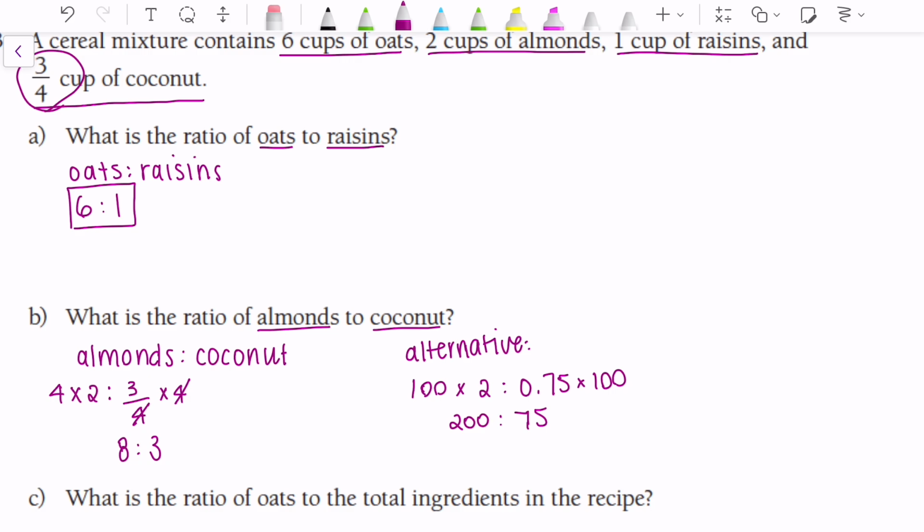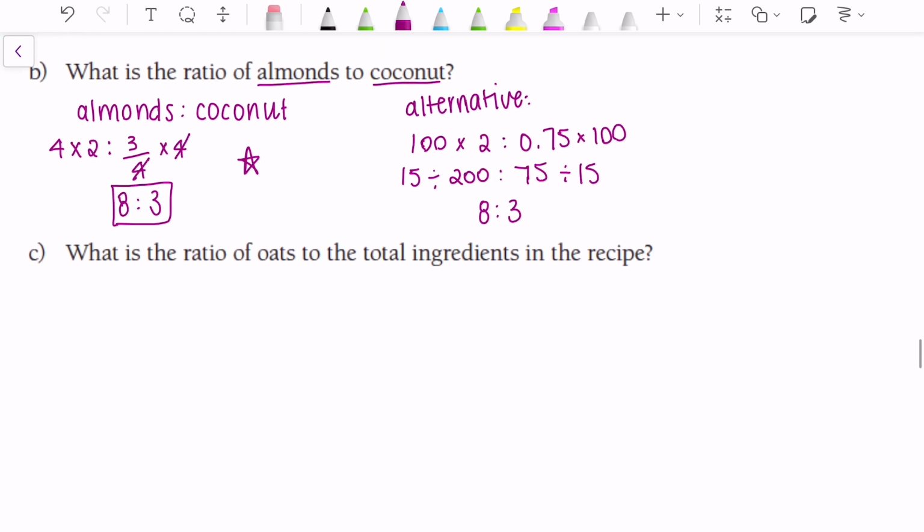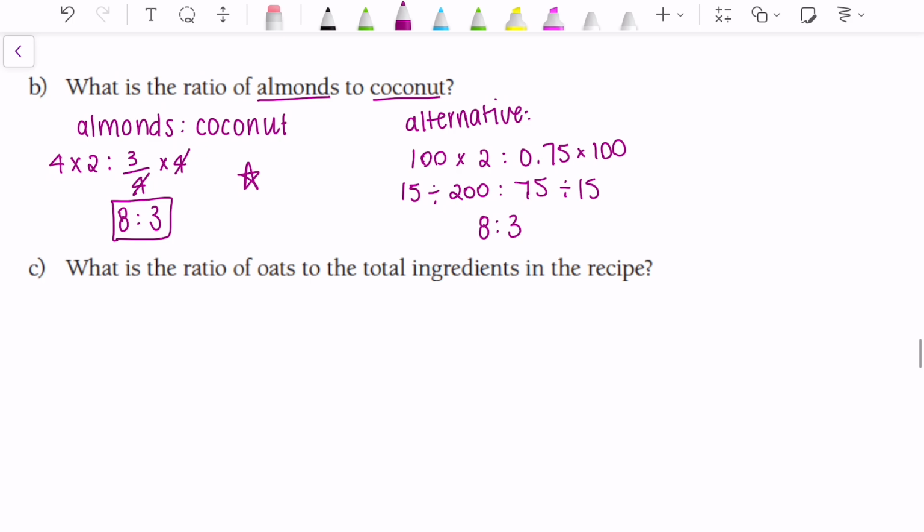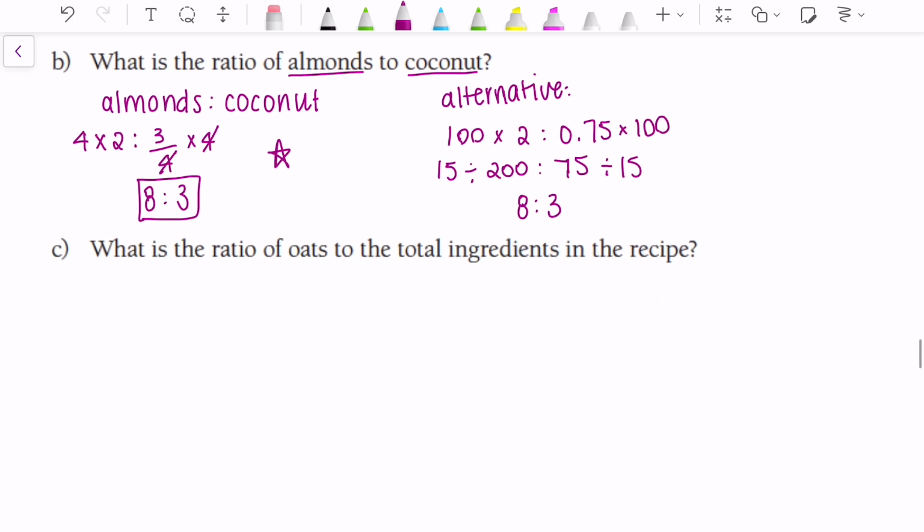In this situation, we're going to end up dividing by 25 to get the answer. So this was kind of like a hint. I did the easier way first. Either way, you're going to get this. Obviously, I prefer if you guys do it this way. This just creates a whole other step. So we like efficiency. We want to keep you doing the easiest, most efficient way of doing this work.